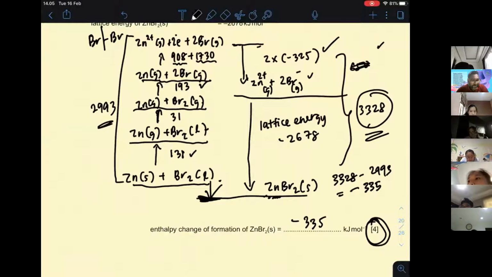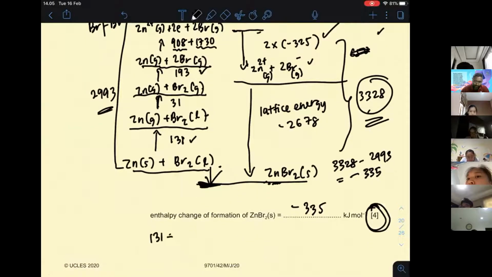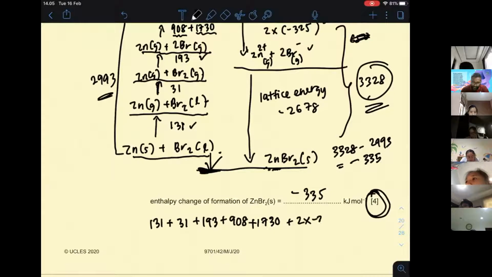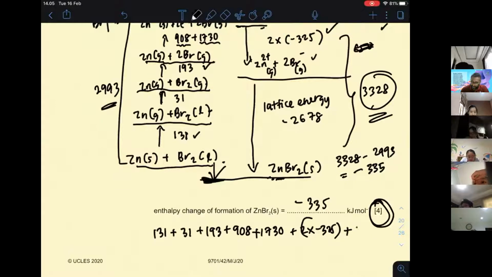So I will strongly suggest to write down 131 plus 31 plus 193 plus 908 plus 1730. All these are clockwise. So plus 2 times negative 325, plus all these clockwise, so plus negative 2678.